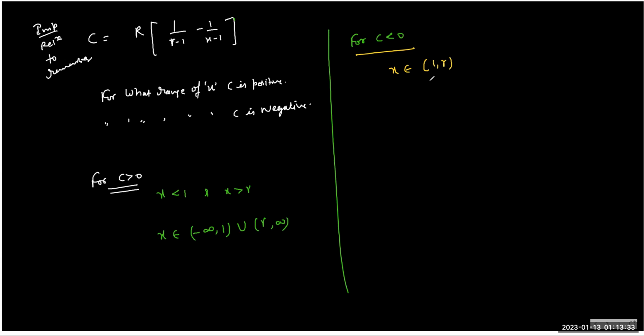So it must be more than 1, first of all, but less than gamma. I hope this is clear to all of you. And these are all important problems.